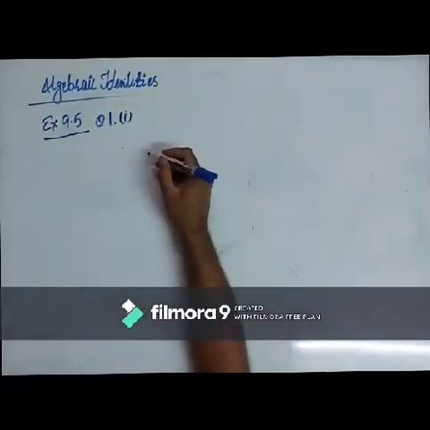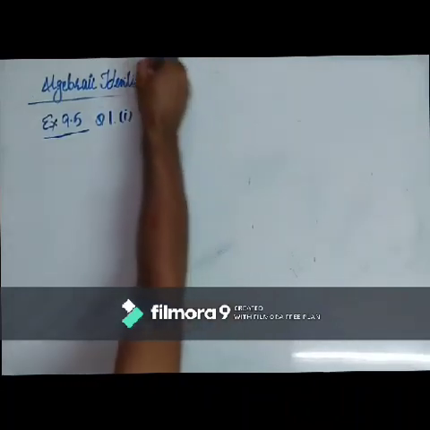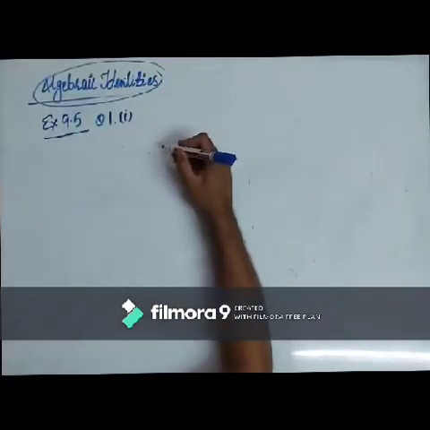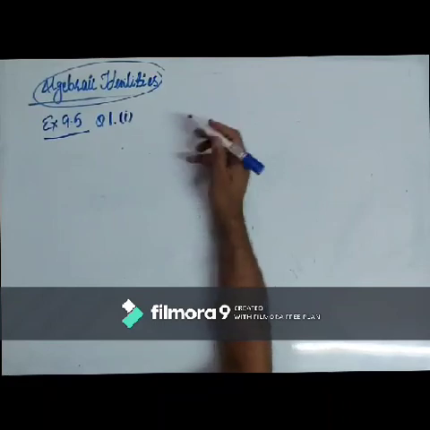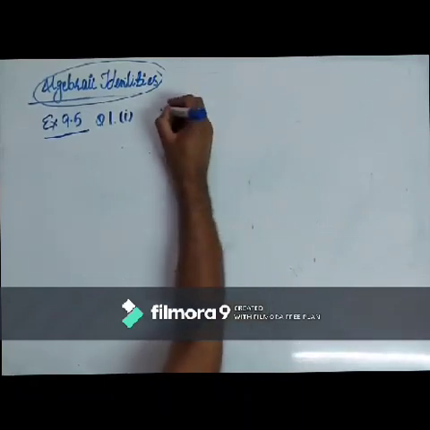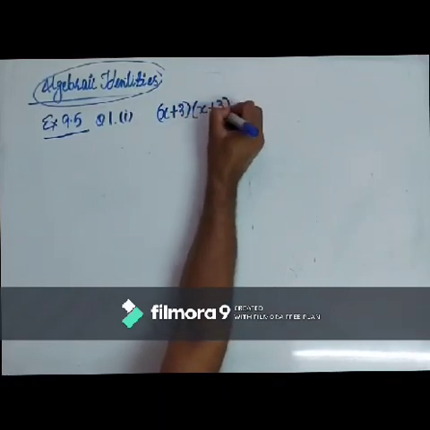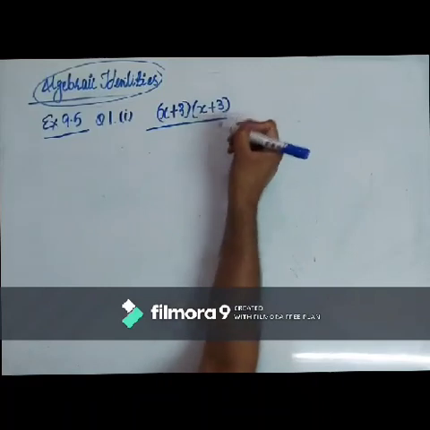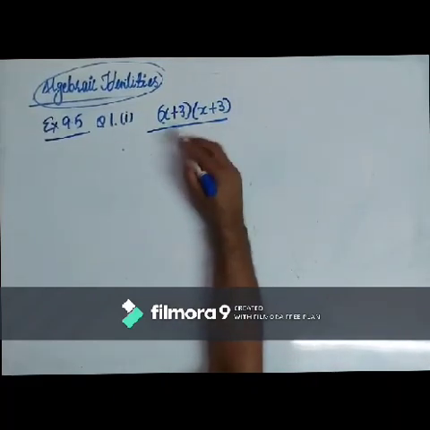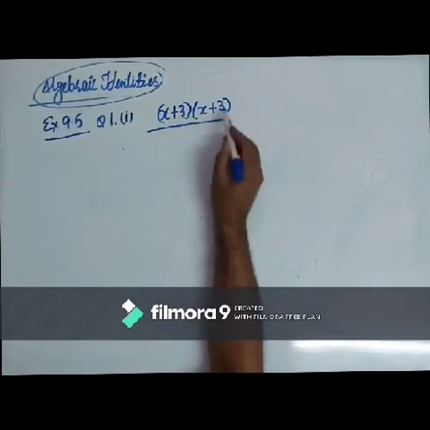Let us start exercise 9.5, use of algebraic identities. I will tell you when and how these identities are used in the questions. The first question is x plus 3 into x plus 3. What kind of multiplication is it? Binomial into binomial having the same binomials, right?